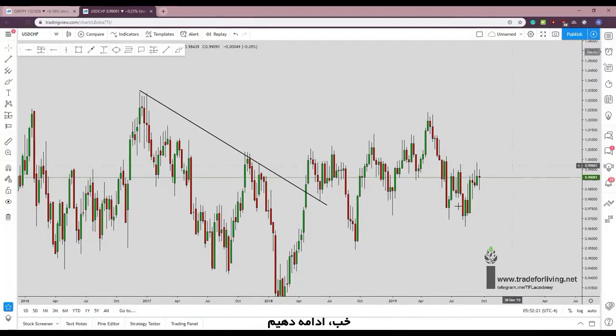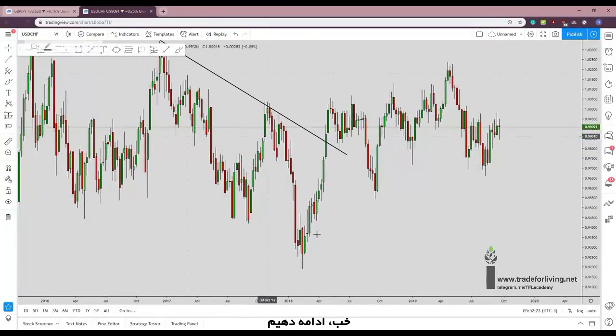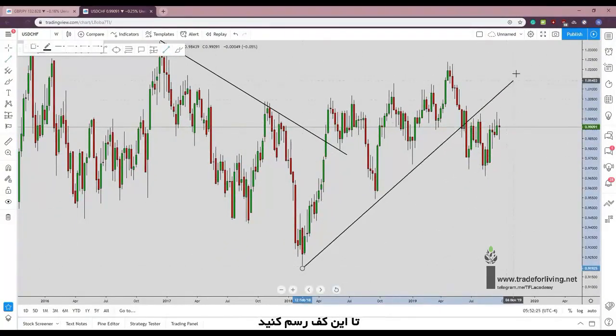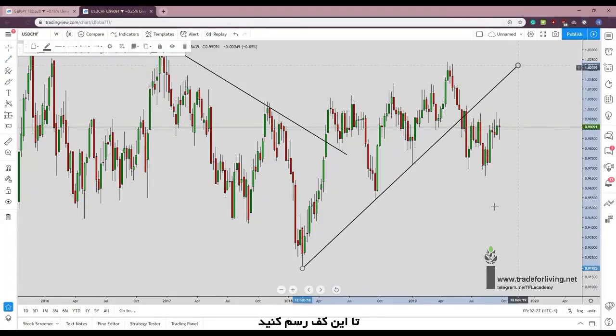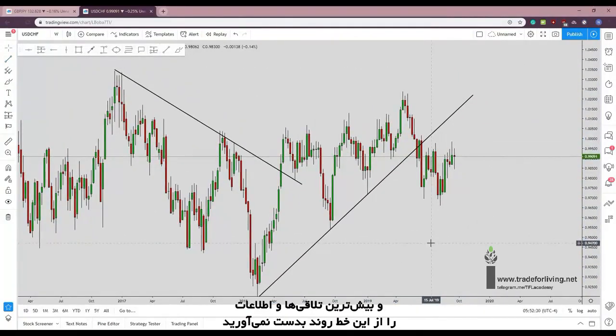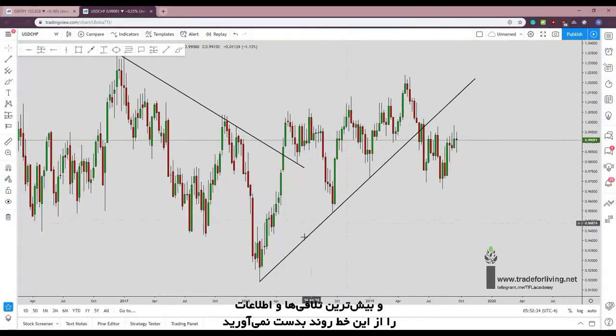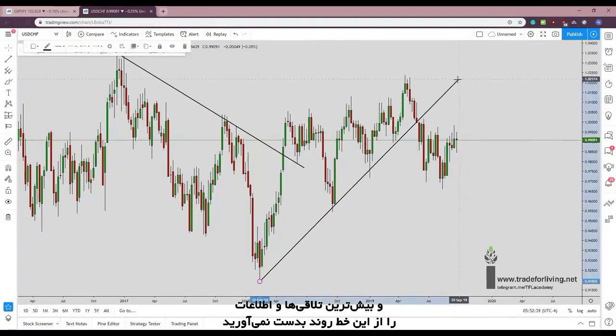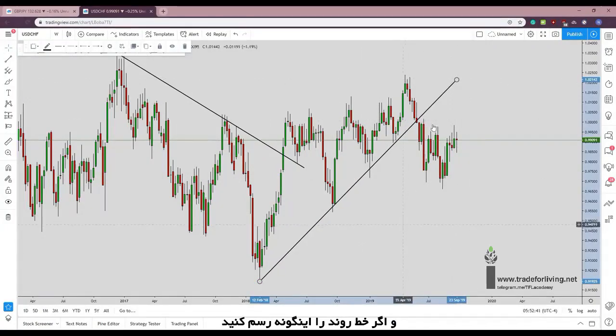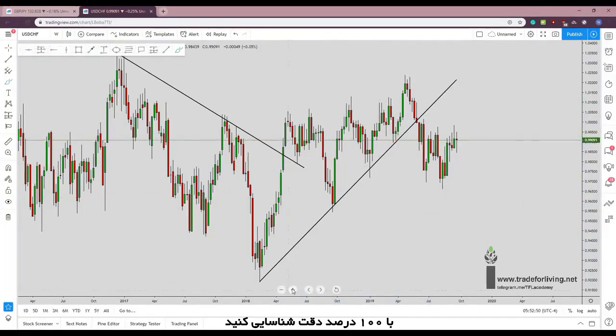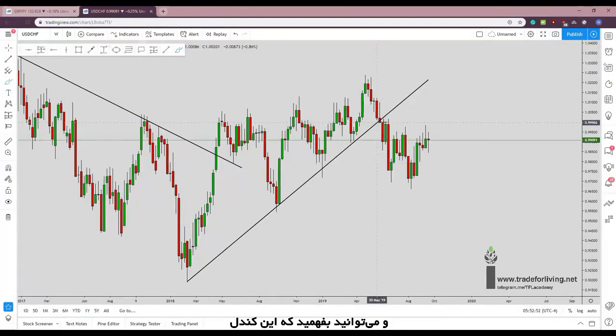Now let's just keep going. If you take your trend line from this low to this low here, you will not be very accurate in the market, because you won't really have the maximum confluence you can get on this particular trend line. If, however, you put the trend line this way, then you are basically able to identify this level of support almost 100% precise, and you also realize that this candle broke the trend line.